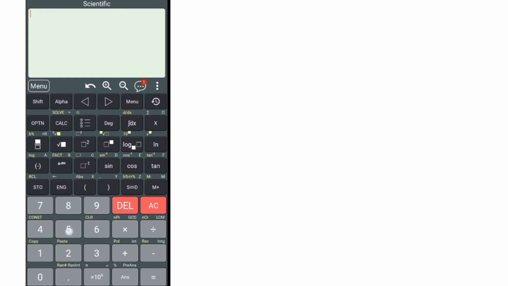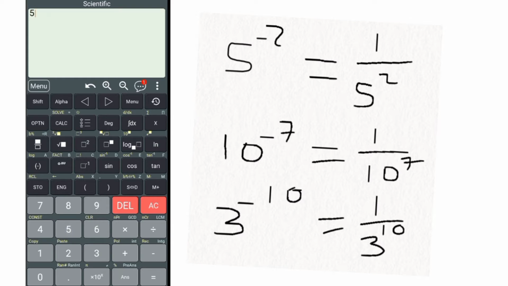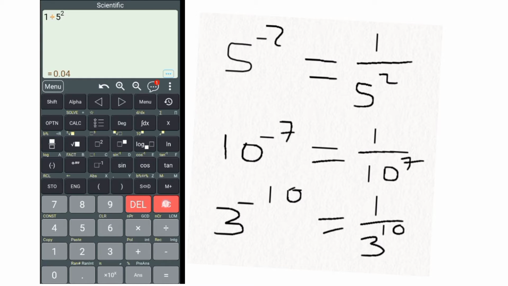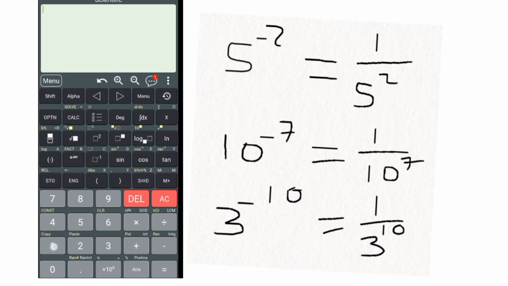Okay, let us prove it. 5 to power negative 2, the answer is 0.04. What about 1 divided by 5 to power positive 2? The answer is the same, 0.04. What about 10 to power negative 7?